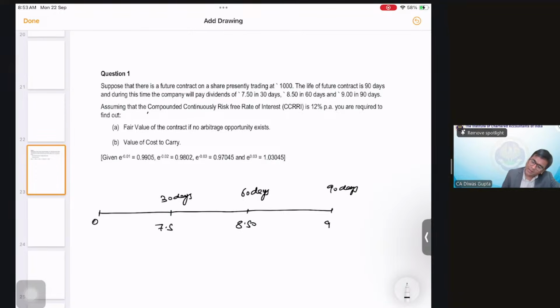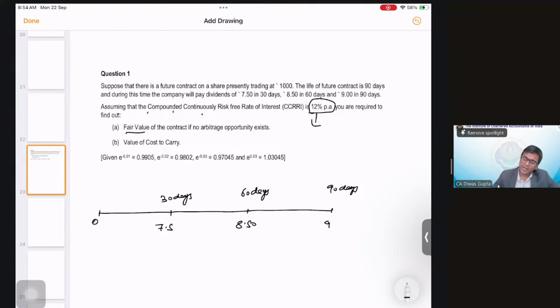Assuming the continuously compounded risk-free rate of return. Now please focus, they are talking about continuous compounding at the rate of 12% per annum. You are required to find out the fair value of the contract if no arbitrage opportunity exists, value of cost to carry, and they have given us certain things.